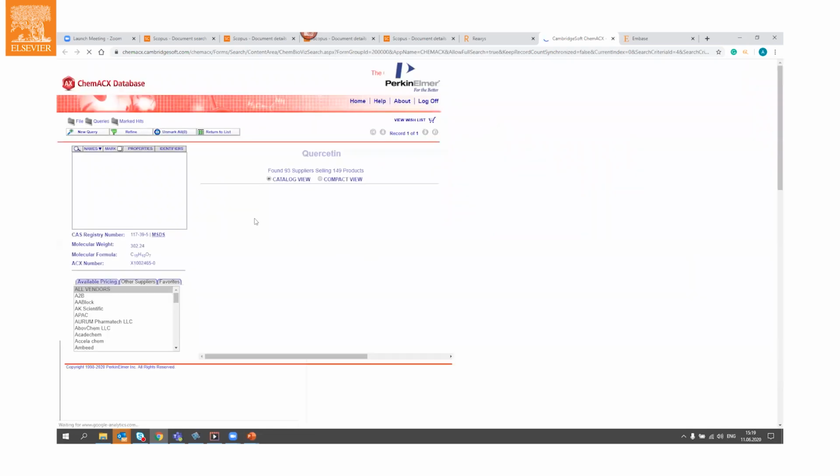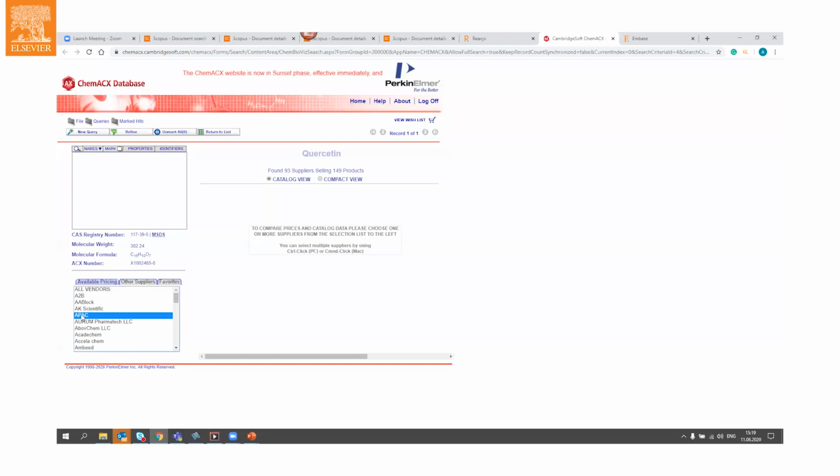Oh, it asked me to install something. So from there, you find this molecule, CAS number available, MSDS available, some properties, available pricing.